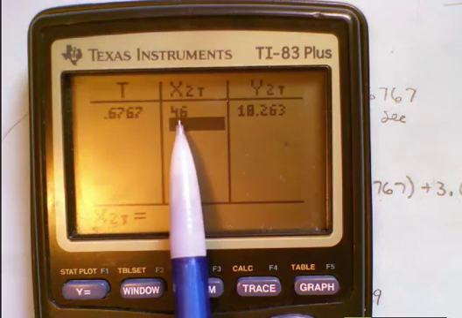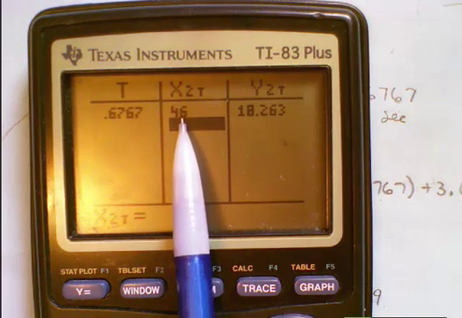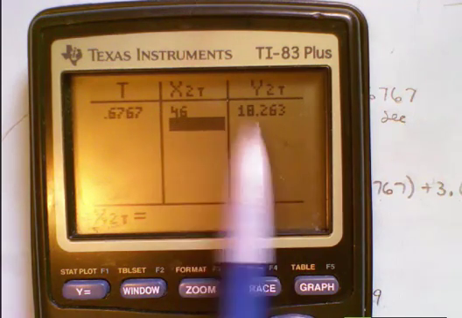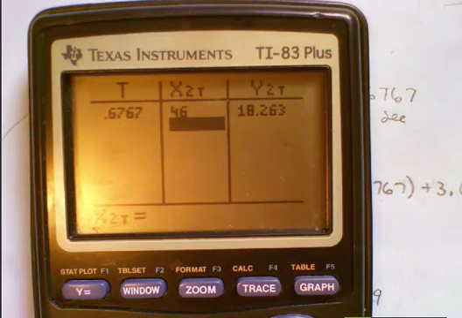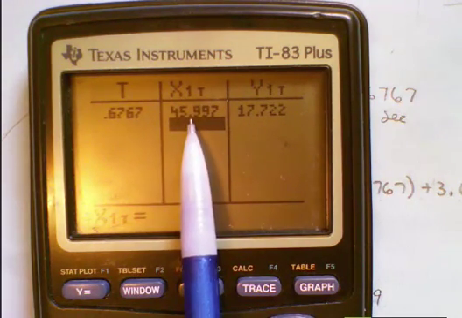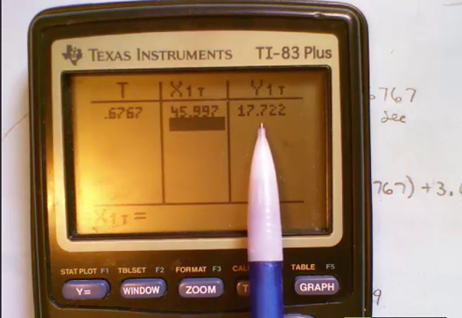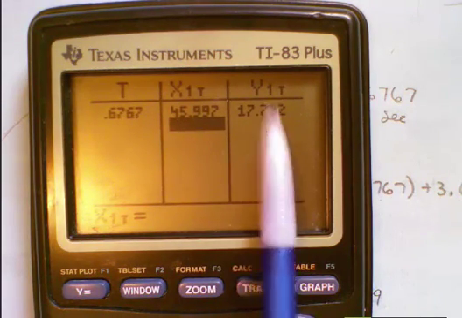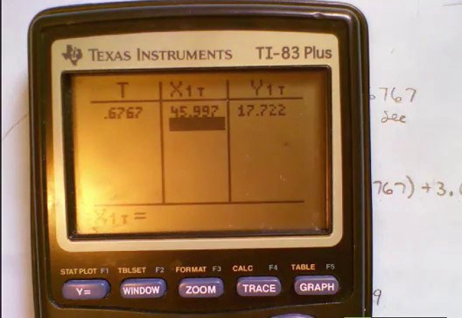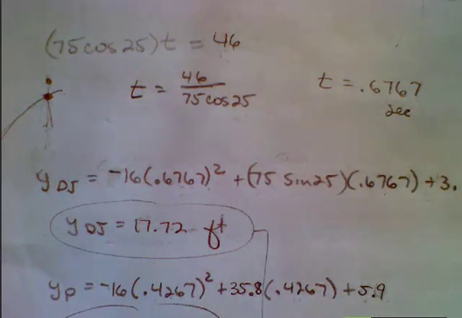This one says the glove was at 46 feet out. The X value is 46. There's my Y value that I found algebraically. And if I come over here, at that time, that was almost 46, which makes sense rounded. And that was the Y value at that given time. So you can double check your answers by plugging them into your table.